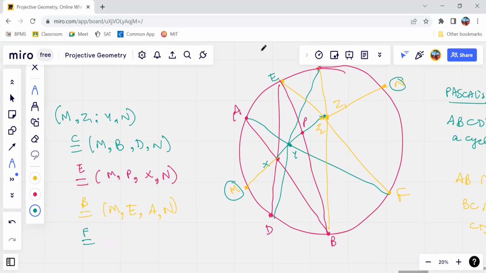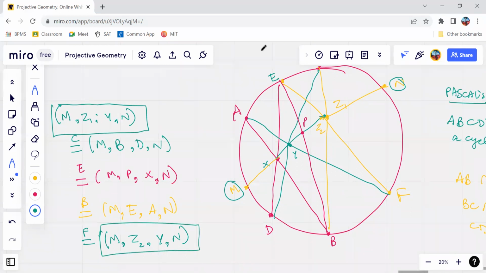No, it's just coincidental. So now we want something involving E and A, so we project through F. M stays where it is, E goes to Z2, A goes to Y, and N stays where it is. So we showed that MZ1YN is equal to MZ2YN.